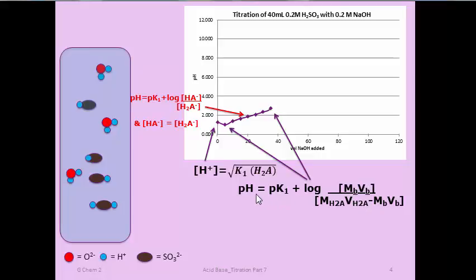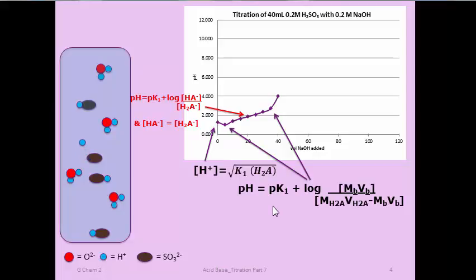The pK1 equals the pH anytime in the middle of these buffer zone calculations. So we keep adding base, and now at this point we've actually hit our first equivalence point, where we put in as much base as there was diprotic acid.